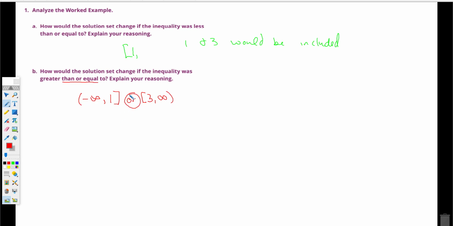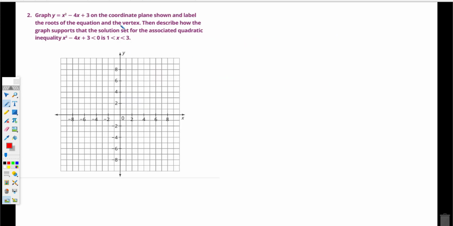And these always have to have the or in the middle if we ever have it to where when you shade it, the sections that worked are in these two ends. So it would be everything smaller than 1 and everything greater than 3 if it said greater than or equal to.